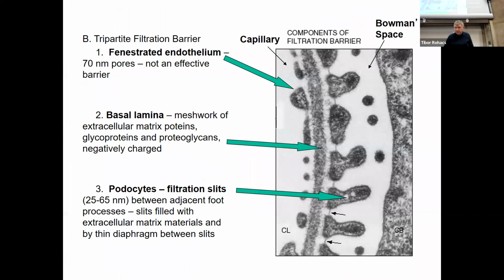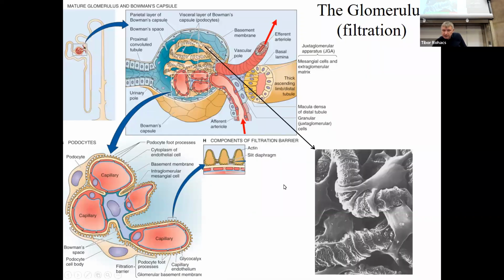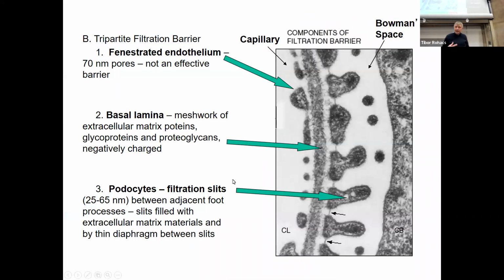So if you zoom in even deeper and take an actual electron microscope picture, you can see that this is the capillary side. You can see that the capillary wall has these large holes. It's called fenestrated endothelium. So basically the idea is that since these holes are so large, they are very unlikely to be any kind of barrier for filtration.